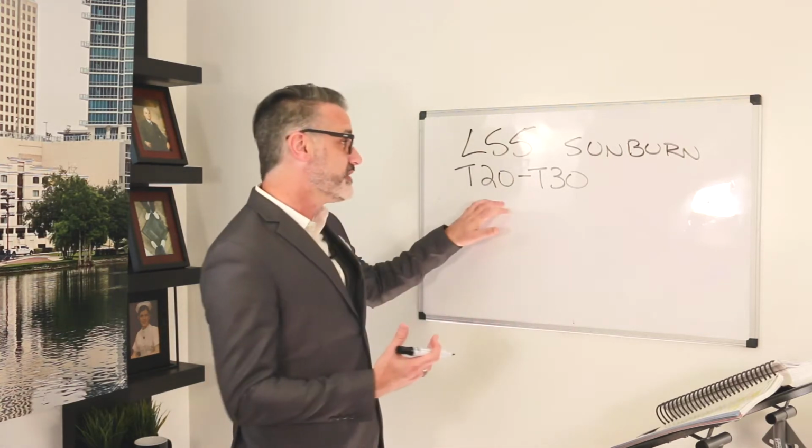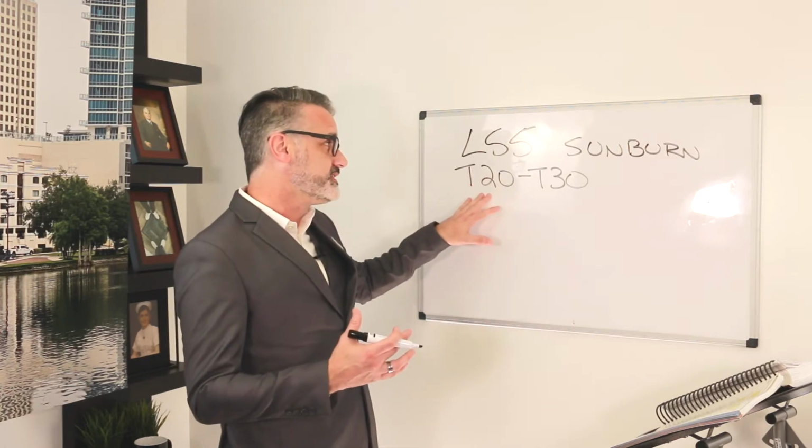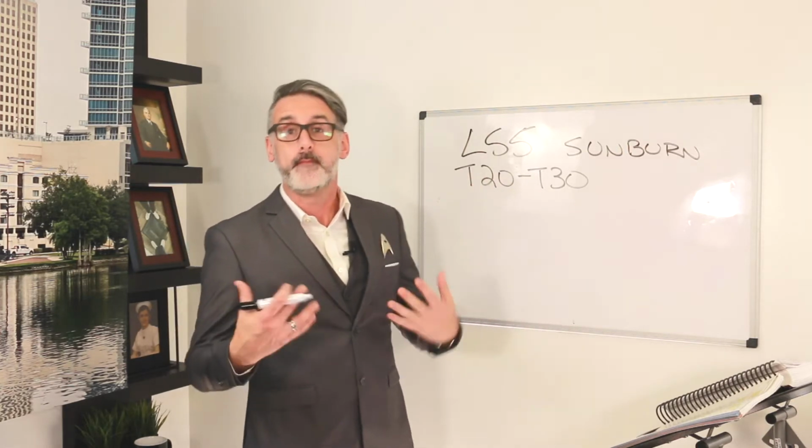So let's say, for example, if I have a first degree burn, say on the right side of my face, second degree burn on my right hand, and let's say third degree burn on my right leg. Then I'd have three different burns, so three different locations. That would mean that I would need three different codes for the T20 through T30 category, based on where the burn is. So for example, the category T20, burn and corrosion of the head, face, and neck.